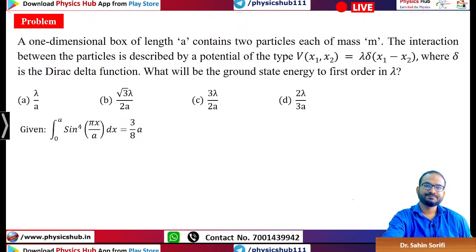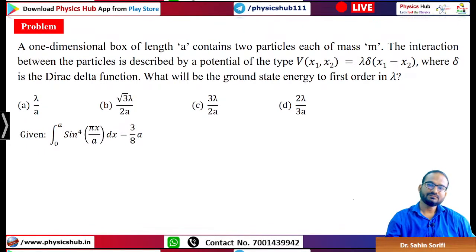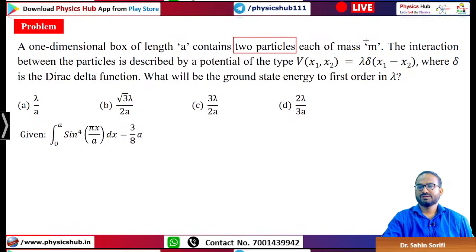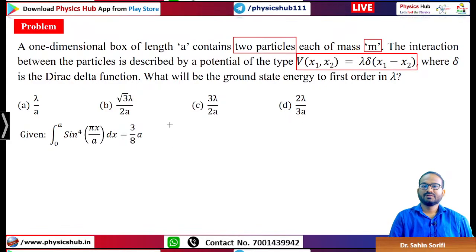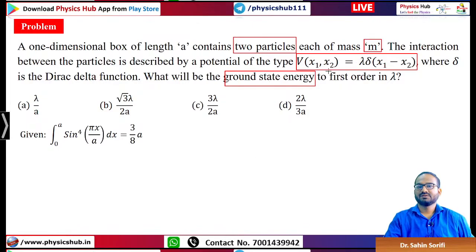Let's do this one. A 1D box of length A contains 2 particles. This is quite important. Two particles, each of mass m, and the interaction between the particles is described by the potential. So this is like a perturbation. What is the ground state energy to the first order in lambda? Can you do this?